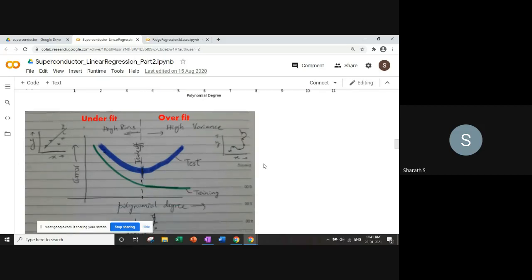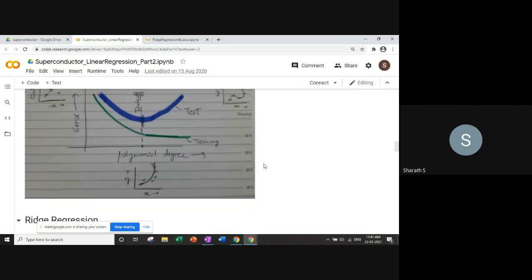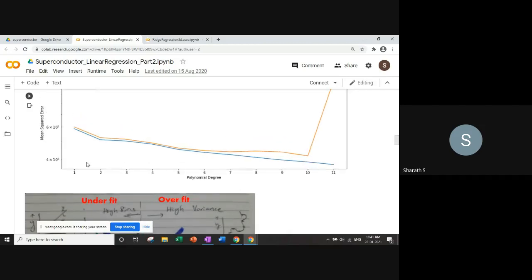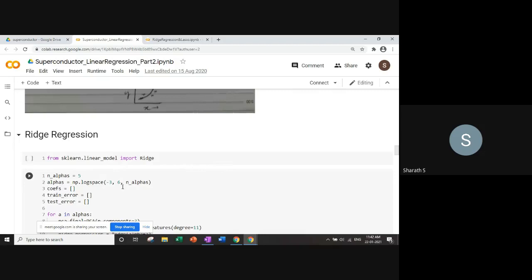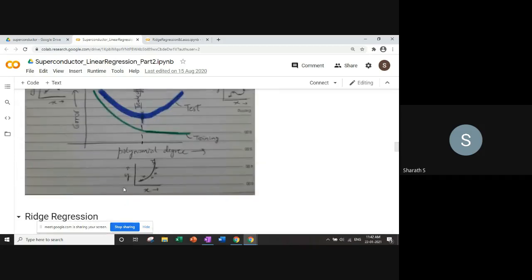But what we are going to do now with ridge regression and lasso is that we don't have to worry about any of these things. You can give 10th order, 11th order, 12th order, whatever highest order that you want to choose. You just blindly give it. You don't run it for each polynomial degree, but simply add the penalty term, the ridge regression penalty or the lasso penalty. And the only thing you have to do is work with the beta, the tuning parameter.